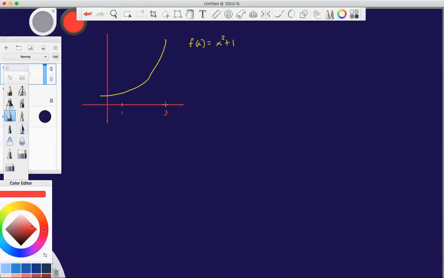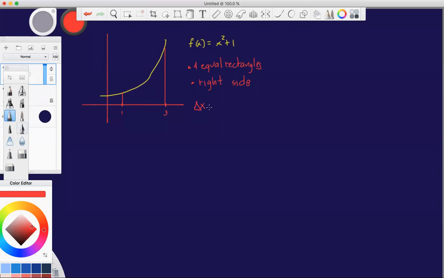Okay, this time we're still going to have 4 equal rectangles. But in this case, we want to use our right side. So I'm just going to divide.